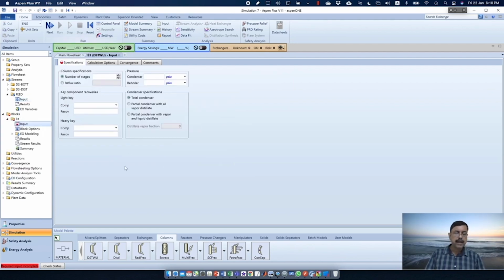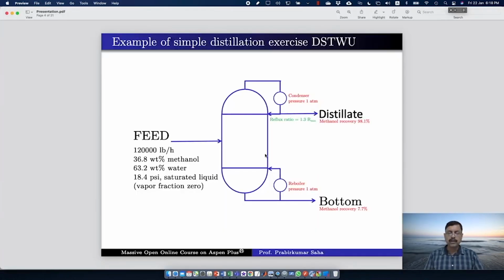Press next. Here it is asking for the inputs for the block B1 running with DSTWU. You can either specify the number of stages or you can specify the reflux ratio. Now we have the information on the reflux ratio, not the actual reflux ratio, but we know that the reflux ratio is 1.3 times the minimum reflux ratio.